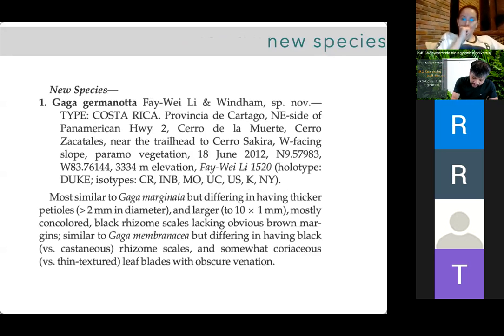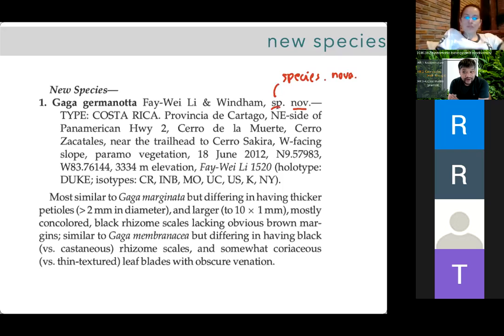When you see a new species, this would be sp. nov., from species nova. Many of these are going to look like a secret code between taxonomists, but it's not so secret. You can read it, but it's really shorthanded, abbreviated to the point that you have to learn how to read it.